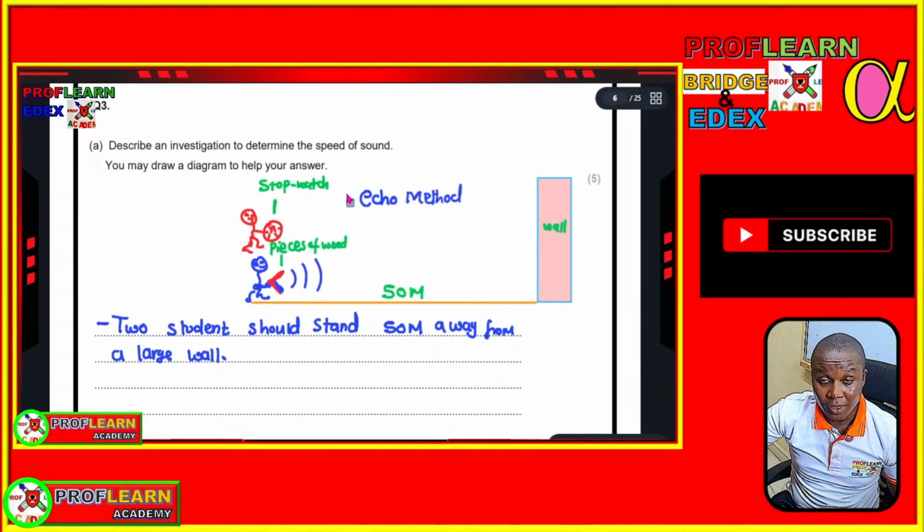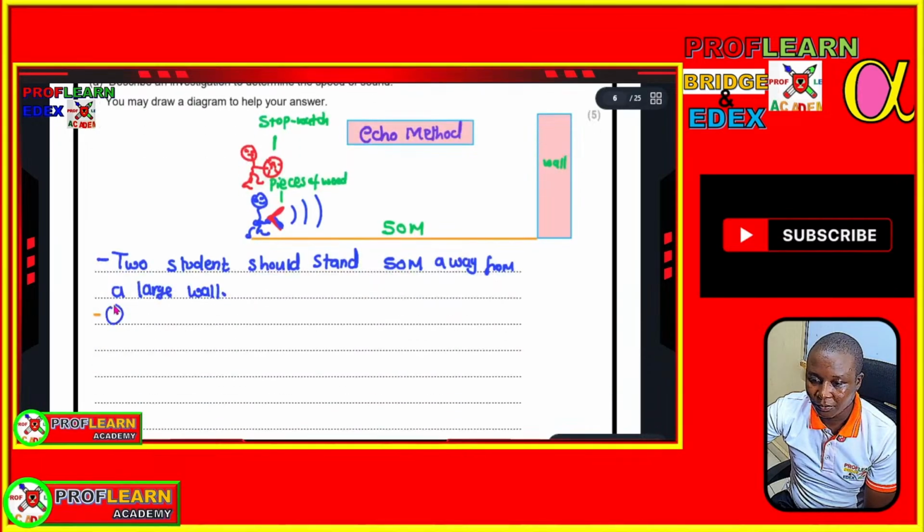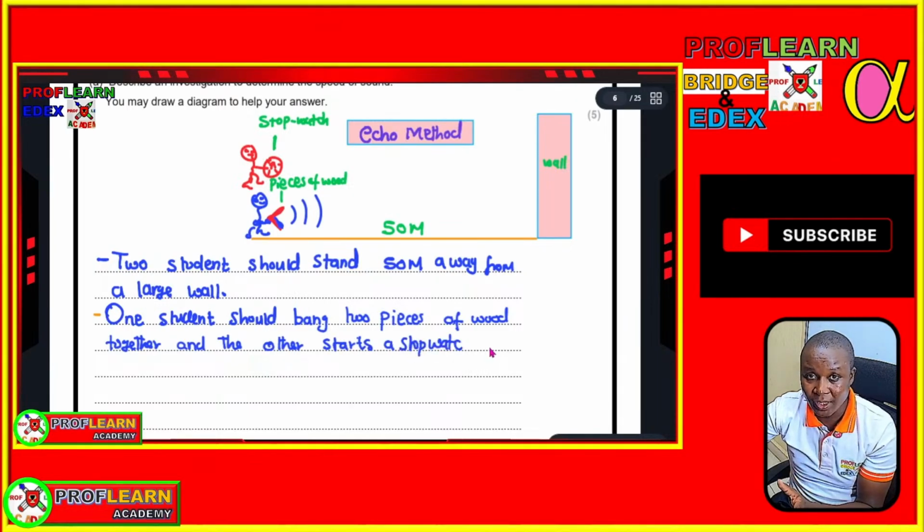So this is the echo method we're going to use at this point. We're going to say that one student should bang the two pieces of wood together, and the other student starts the stopwatch immediately the pieces have been banged together, and then stops it immediately they hear the echo.